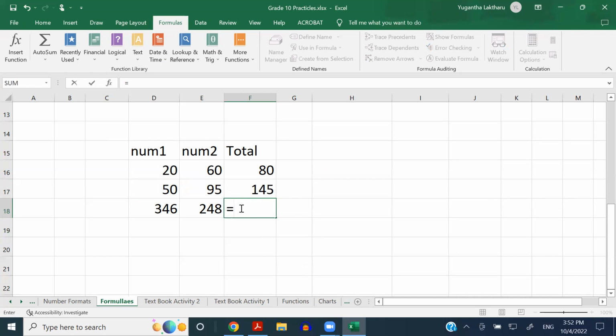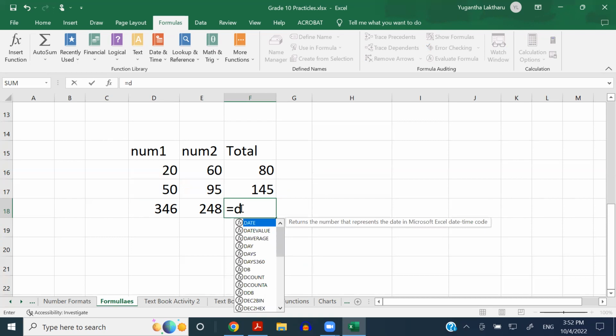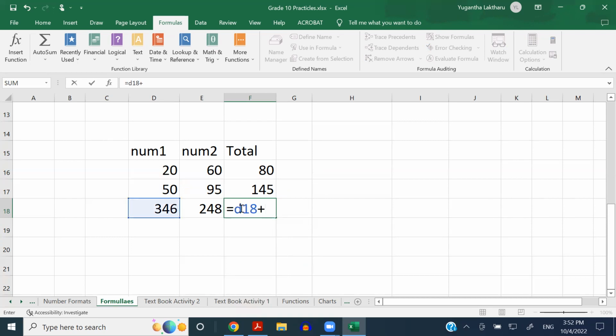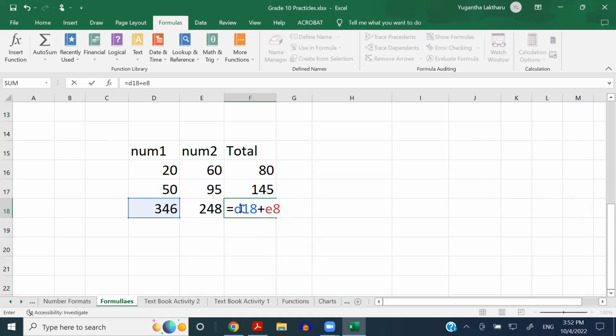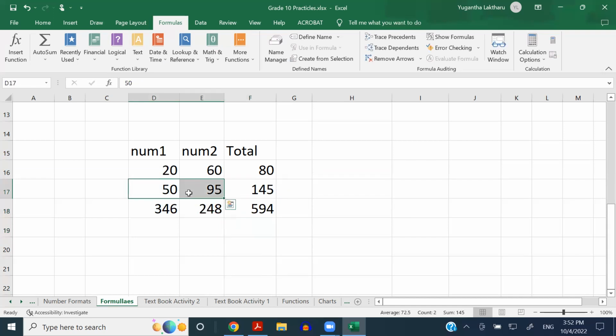Equals D18 plus E18. Which gives you the addition of these two values respectively.